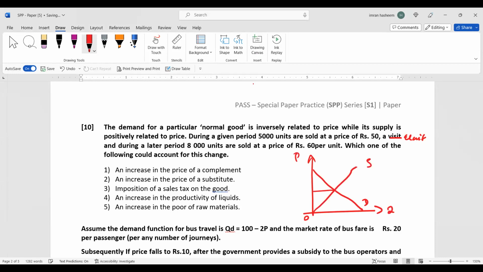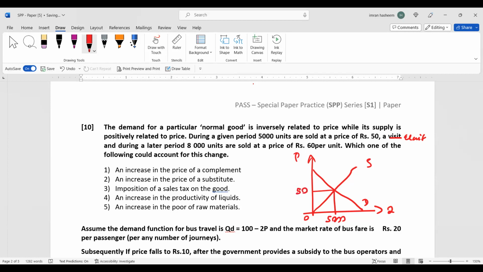Initially there is an inverse relation. During a given period, 5,000 units are sold at a price of 50 rupees.